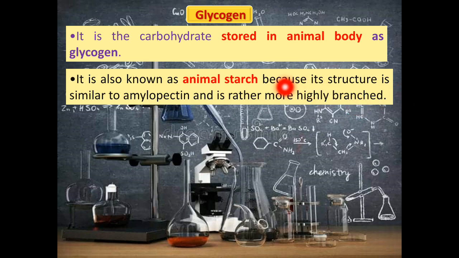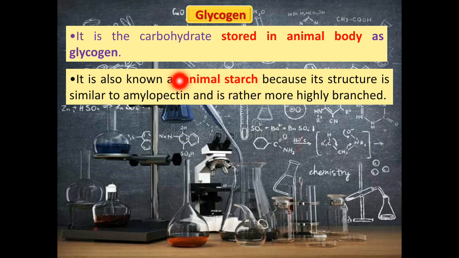It is also called animal starch because of 2 reasons. First one, the structure of glycogen is similar to amylopectin of a starch. Amylopectin is a component of starch, which is a branched structure. The structure of glycogen is similar to that branched structure of amylopectin.